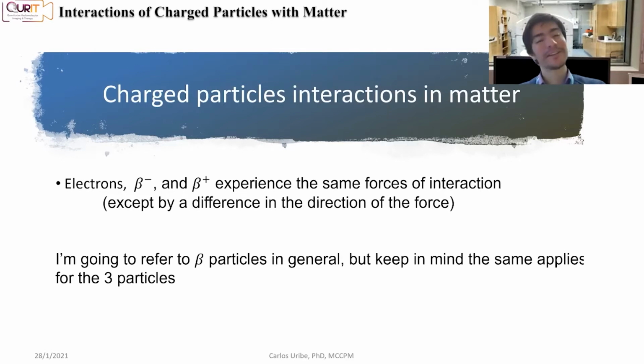So the beta particles come from the nucleus, and of course positrons and electrons differ just in the charge. So in general, if you see me referring to a beta particle for the rest of the talk, just keep in mind that what I say for a beta particle will also apply for an electron, and will also apply for a positron, unless I explicitly say that it applies to only one.